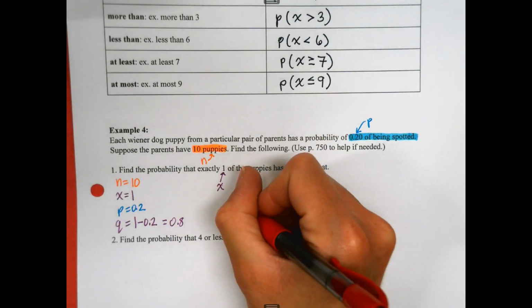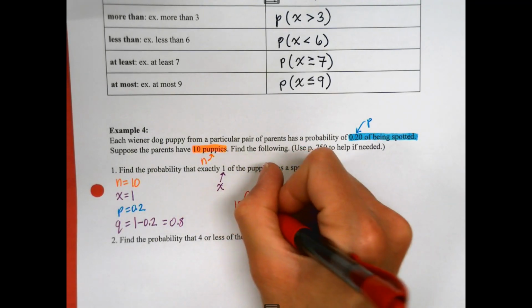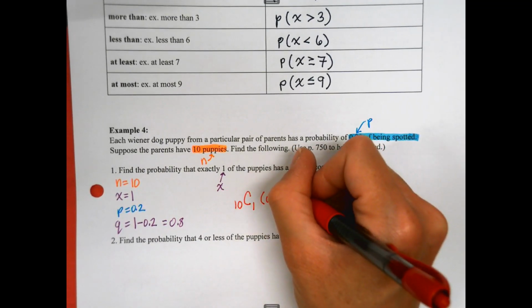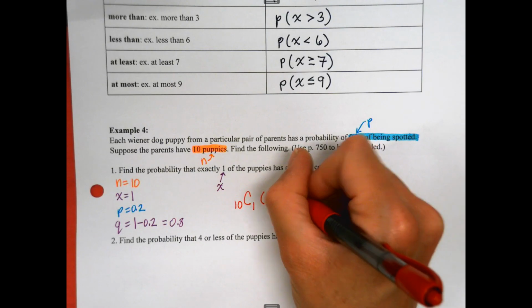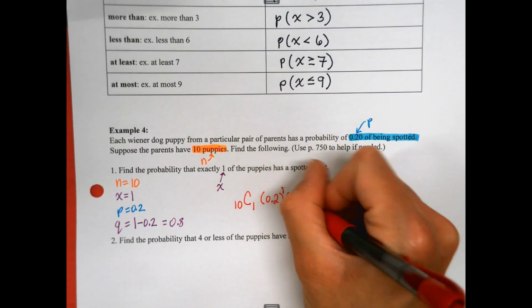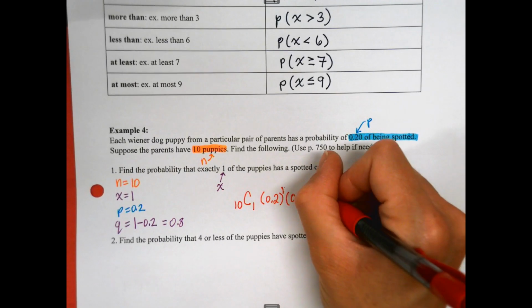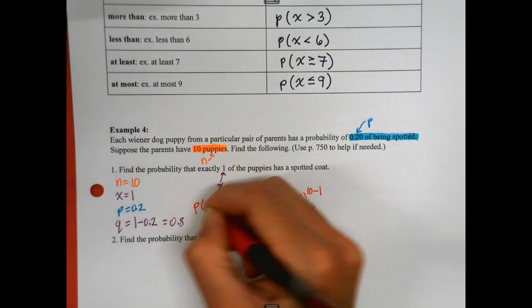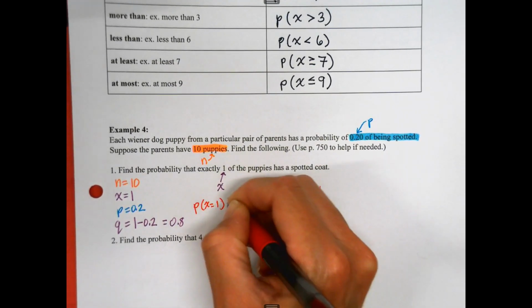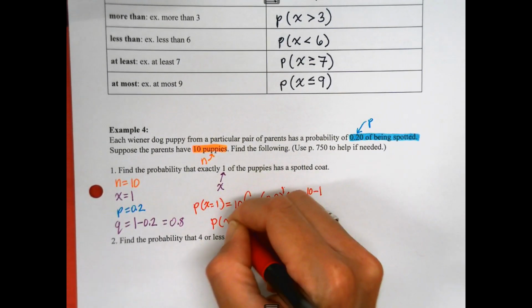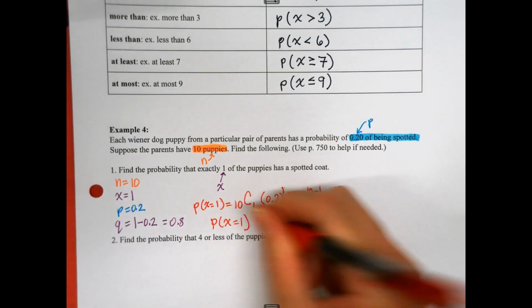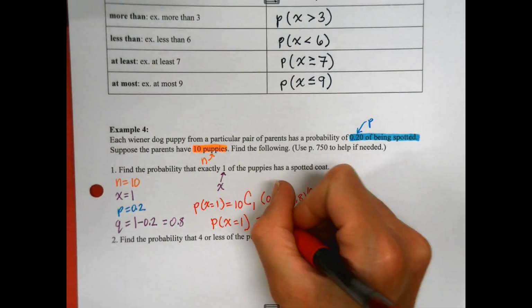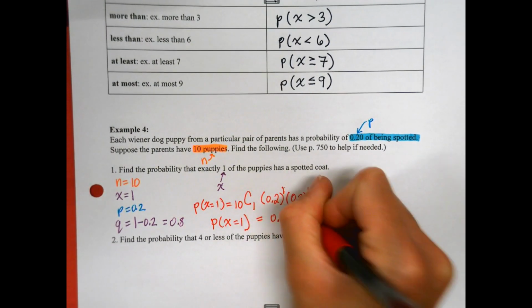We have 10C1 times the probability of success to the power of x, which is 1 in this case, times the probability of failure to the power of n minus x, or 10 minus 1. So this is the probability that x is equal to 1. We use our calculator, and we end up with 0.268.